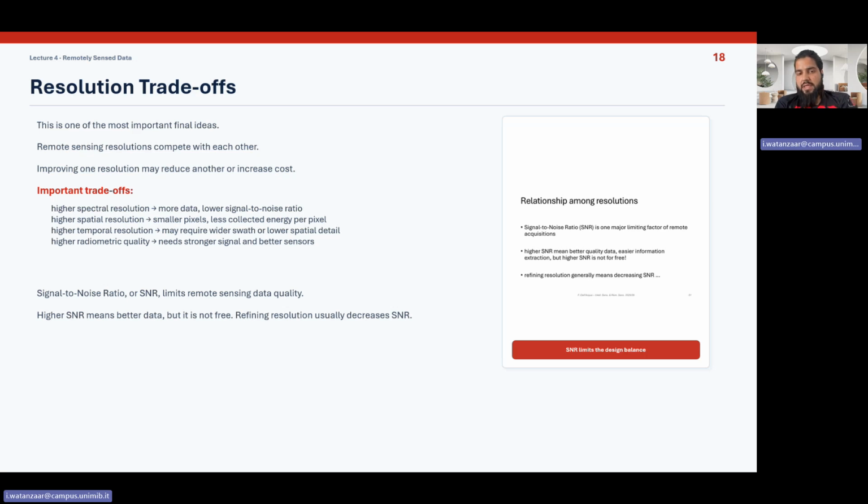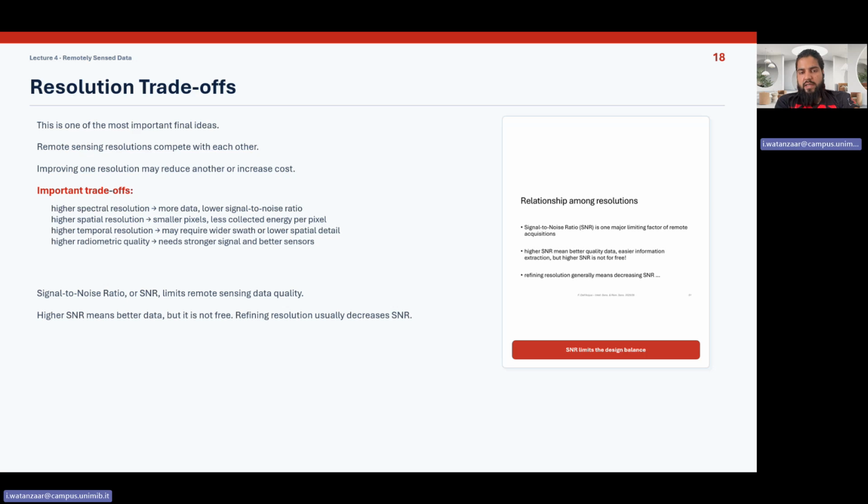So if you need higher temporal data, it automatically requires a wider swath, but lower spatial detail will be captured, because we are focusing more on the temporal information and losing the spatial information.